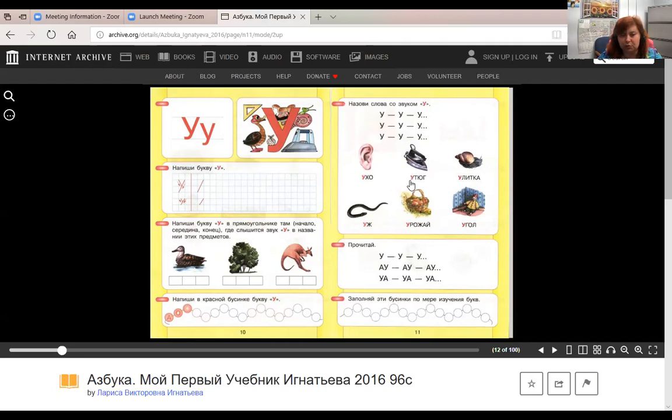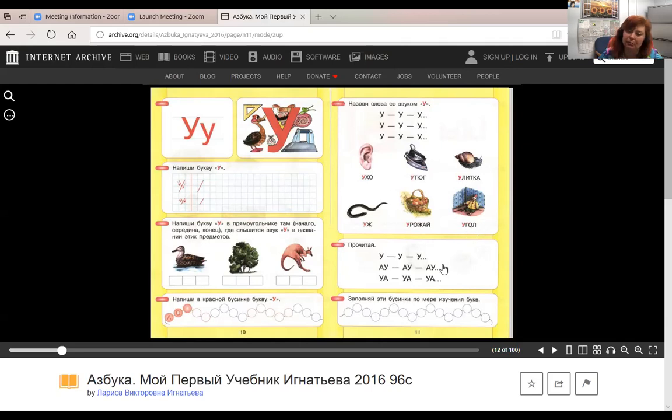Утюг starts with U. Улитка starts with U. Уж, it's a type of snake. Урожай. U, first letter, урожай, that means harvest. Угол, corner, starts with U.